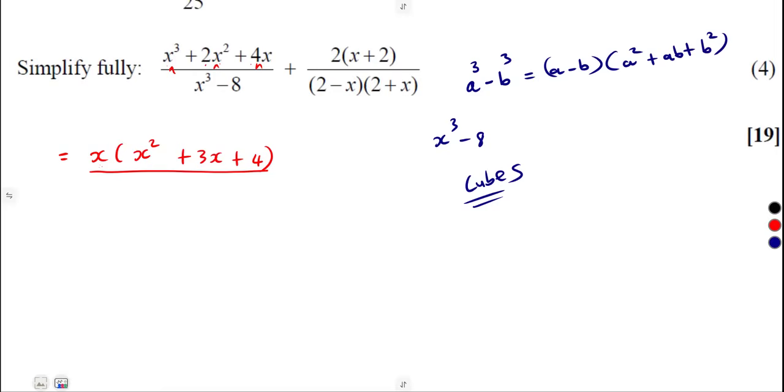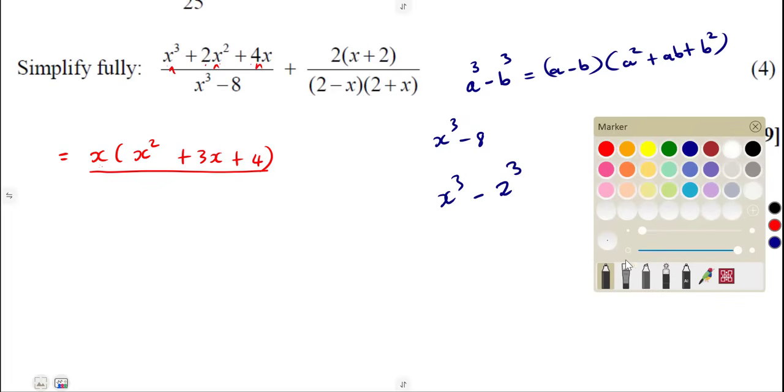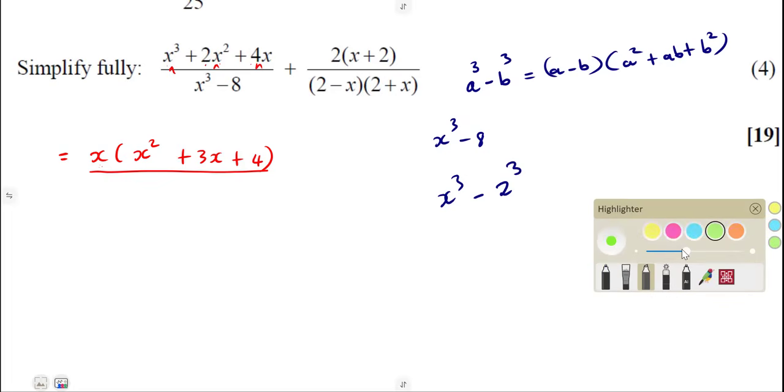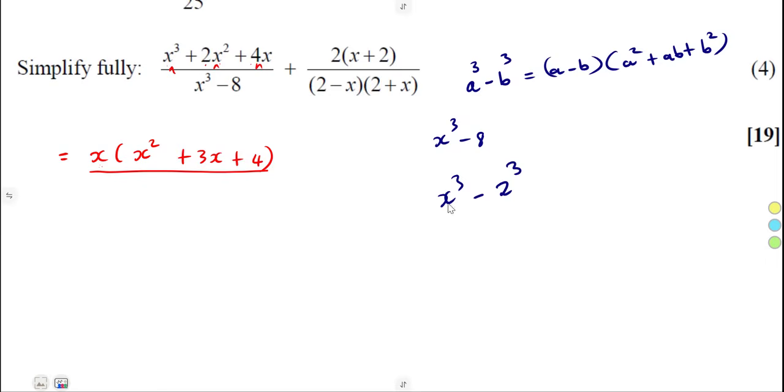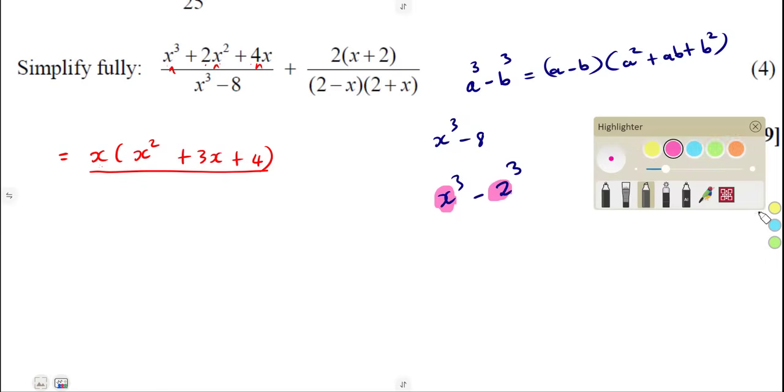So what we just need is to have a term raised to the exponent of 3 and another one. Already there is x to the exponent of 3 there. What about 8? 8 is the same as 2 to the exponent of 3. So by just noticing this, we can tell that there is our a and there is our b. So factorization can be done.